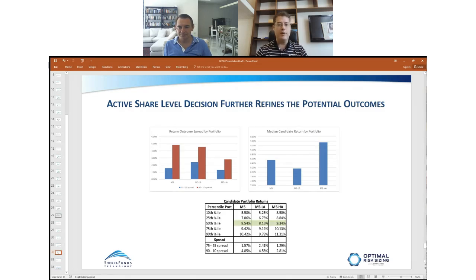Fundamentally, when you're making that high active share, low active share decision, or that low risk, medium risk, high risk decision, you are expressing a view on the quality of your alpha, on the quality of your ideas, of your views.